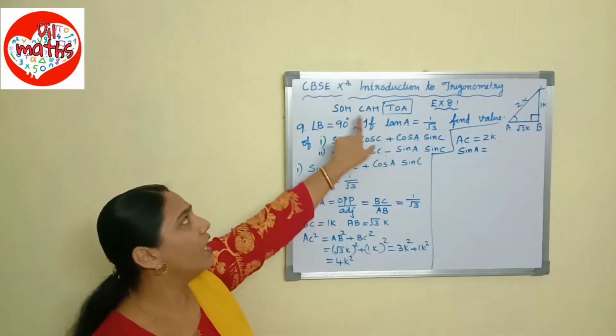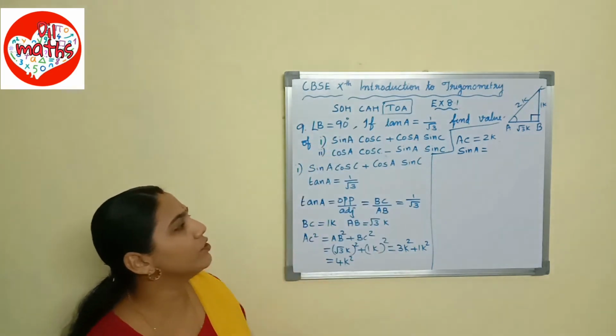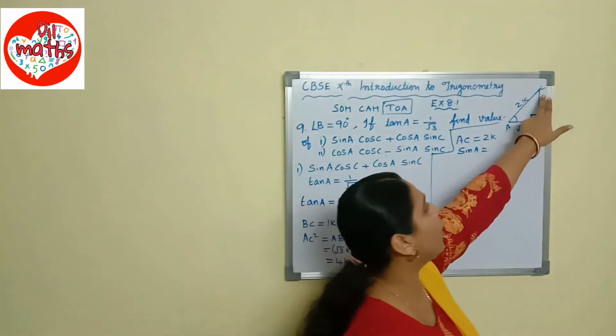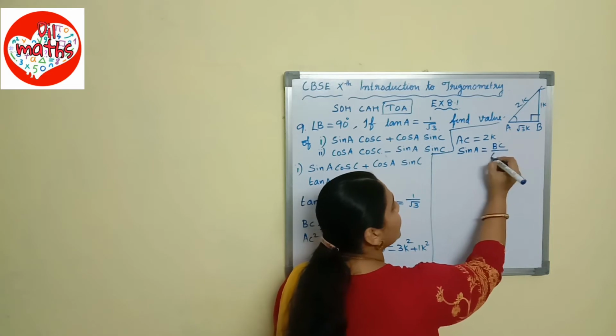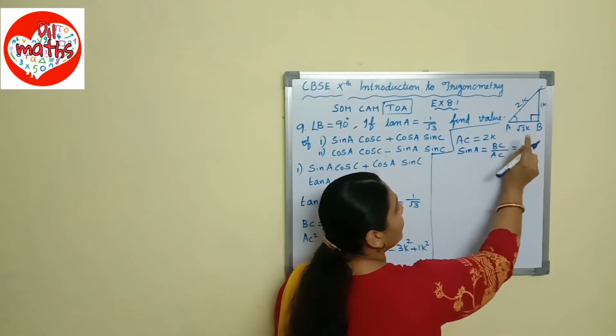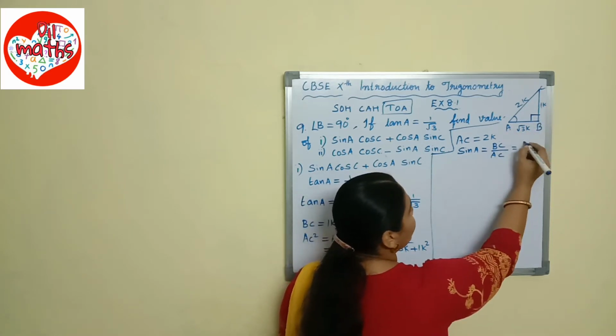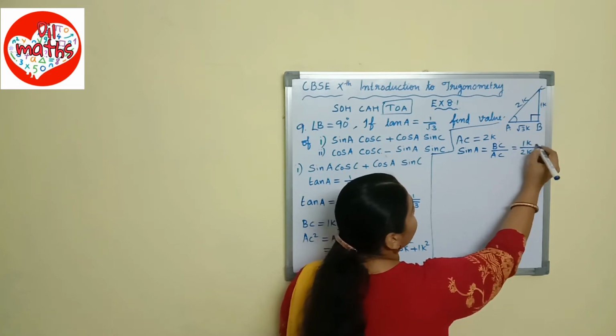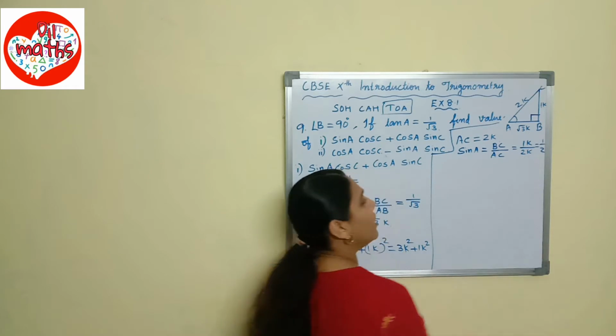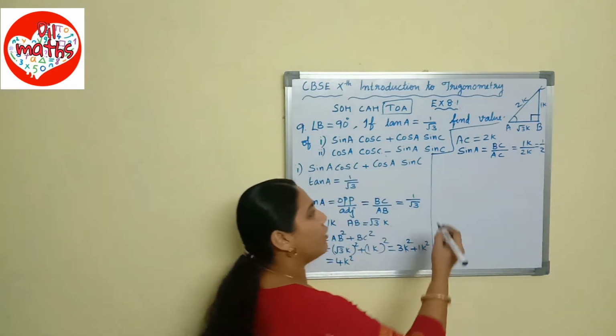With respect to A, which one is the opposite side? BC is the opposite side. And what is the hypotenuse? AC is the hypotenuse. So what will you get? BC is 1K divided by AC, which is 2K. That is equal to 1 by 2, if you cancel the common factor.